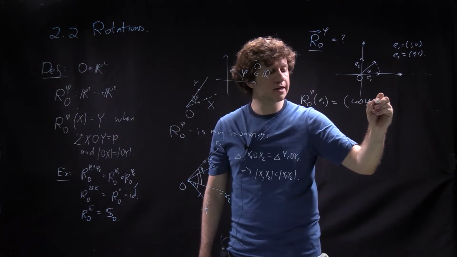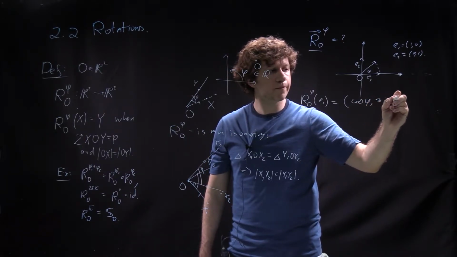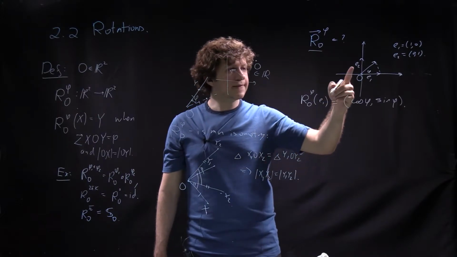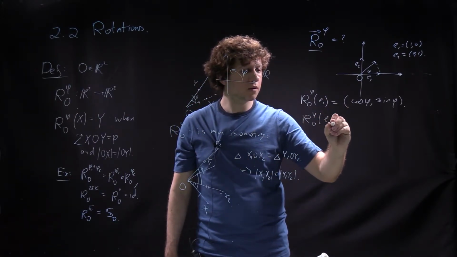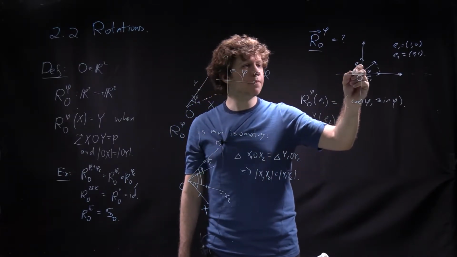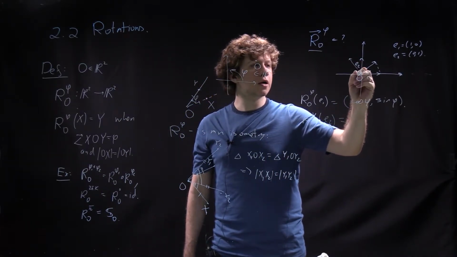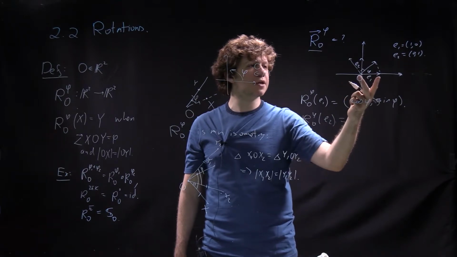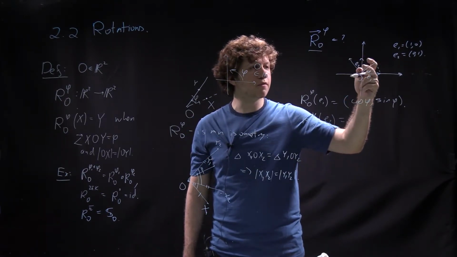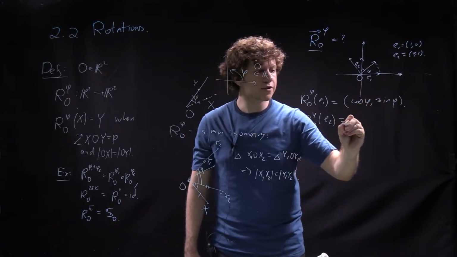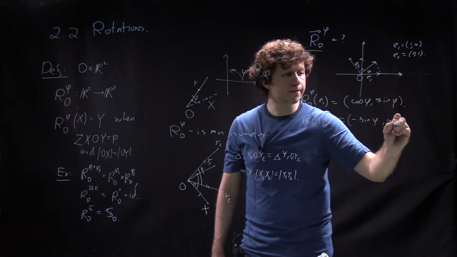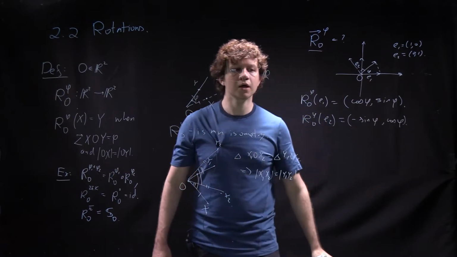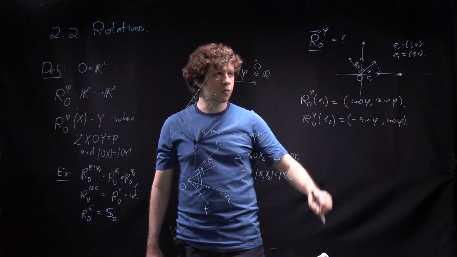That's cosine phi, sine phi. And if I do the same with E2, then a simple exercise is that it's the same as rotating E1 by pi over 2 plus phi. So this gives you minus sine phi, cosine phi. This is where these two vectors go.